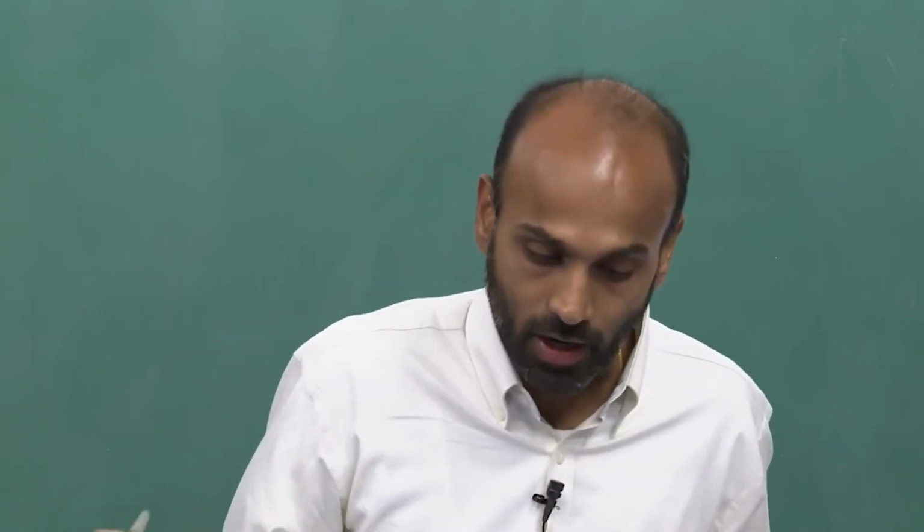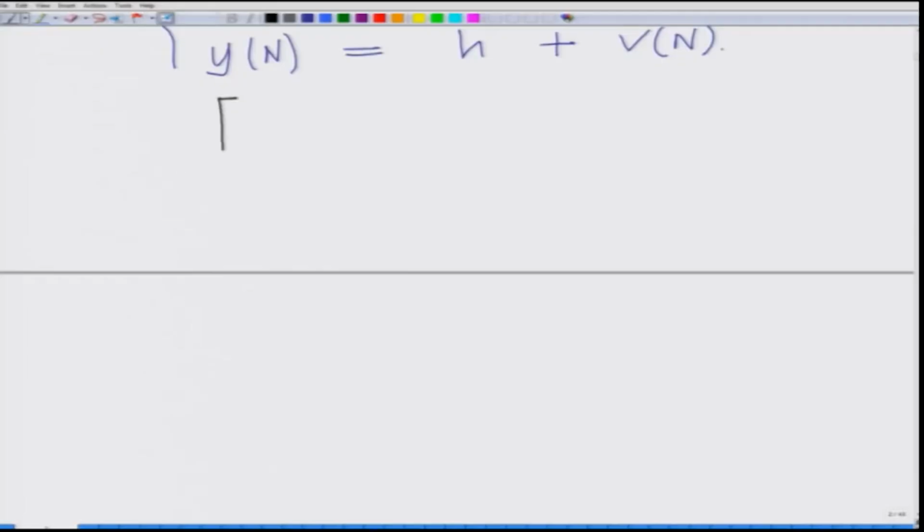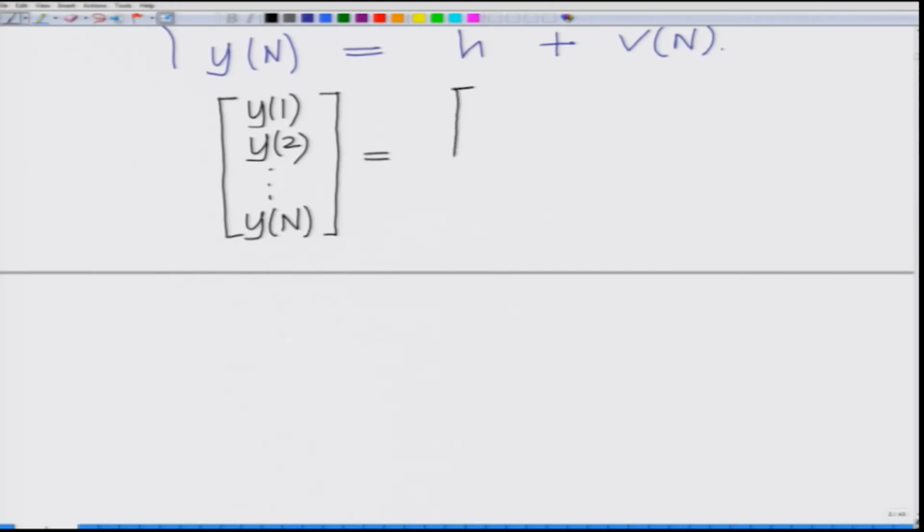Okay. So, now I can write this in the form of a vector, your observation vector y1, y2, and so on up to yN.